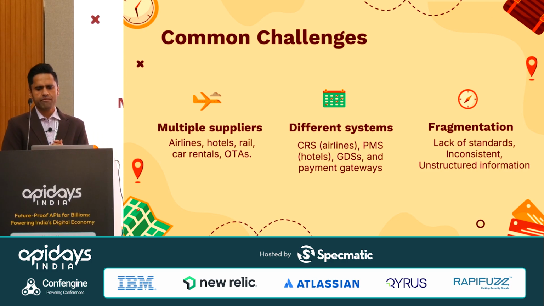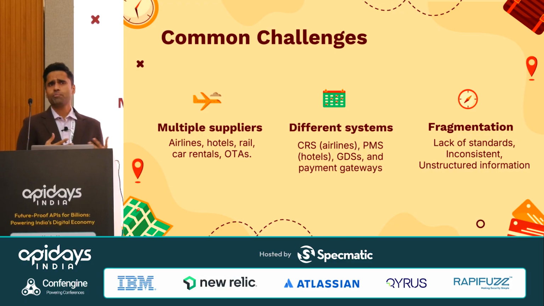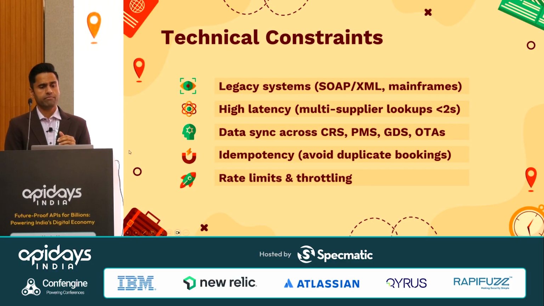Then we also have data silos. Because these systems are different, there is no single unified layer which can give you the data that you need. We talk about personalization, we talk about retailing, but how is it all going to work if you don't have a unified way of accessing the traveler's journey and understanding data points? It's not that easy. And then we also have travelers.